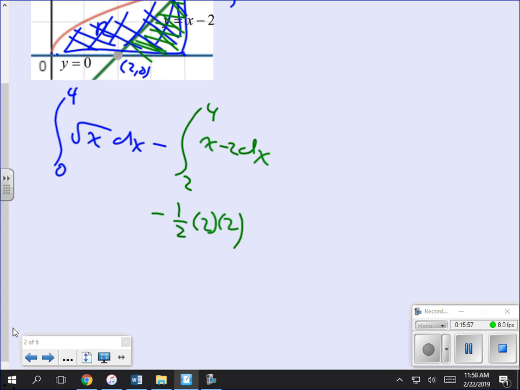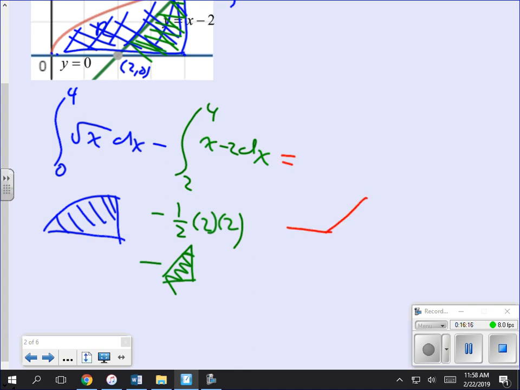So what I'm doing is taking this big thing here and subtracting from that this triangle, and then I'm getting that piece there that I'm looking for.